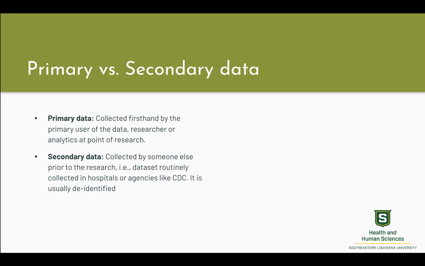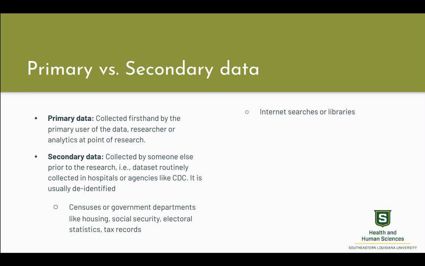Some places you can get this de-identified secondary data are the census, which has a lot of information including housing, social security, tax records, and so on.